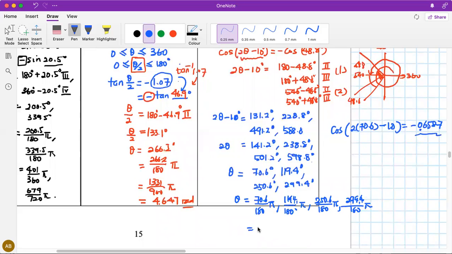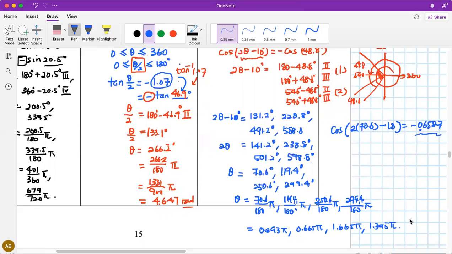So you will get the values 0.393 pi, 0.665 pi, 1.665 pi, and 1.395 pi. Okay, so I think it's correct.